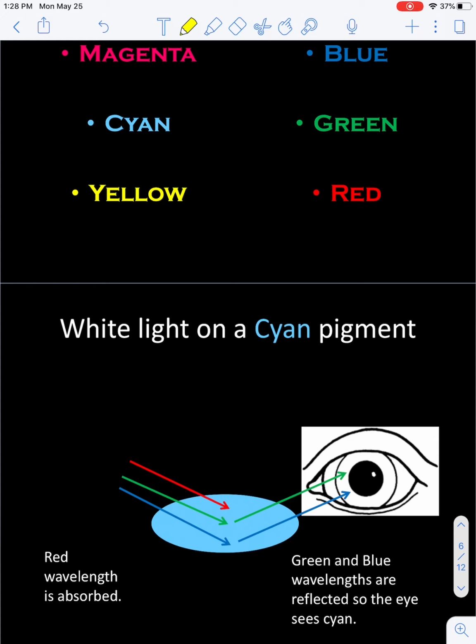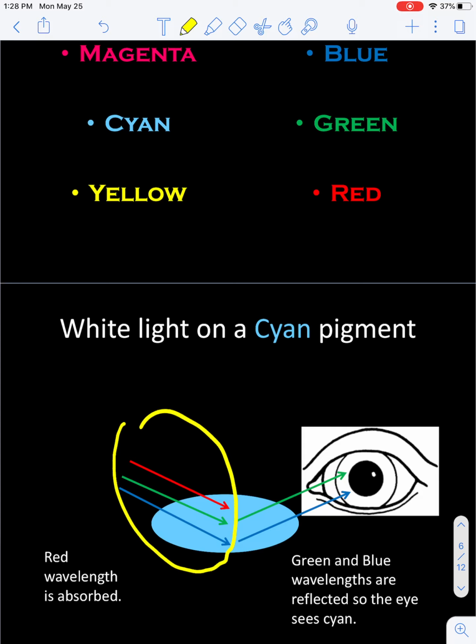So if we look at how white light shines on a cyan pigment, okay, so again, we're going to start with your three primary colors of light coming in, which is just white light. Why do we see cyan? Well, now you have to go back to your additive color theory, right? What two colors of light make cyan?